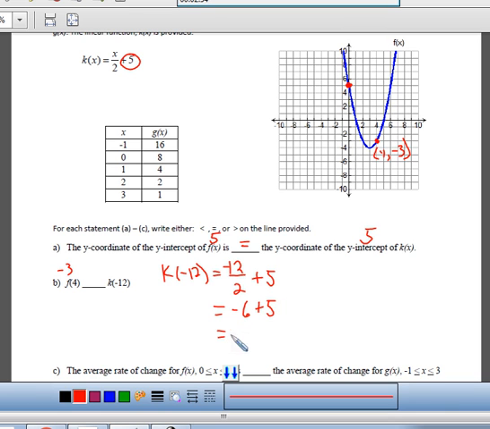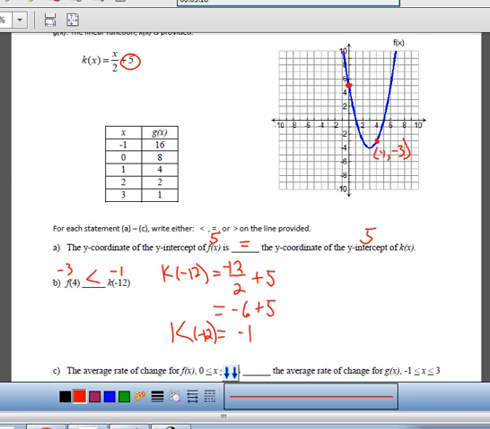Negative 6 plus 5 is negative 1. So k of negative 12, when my input is negative 12, the output is negative 1. Alright, so looking at these two values, negative 1 is greater than negative 3. Don't get that mixed up, please. Sometimes it's hard to remember what is happening in the negatives.